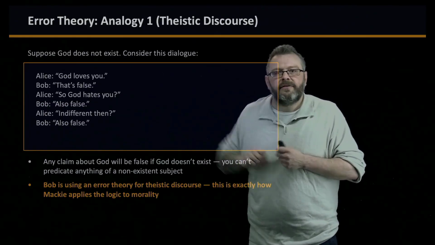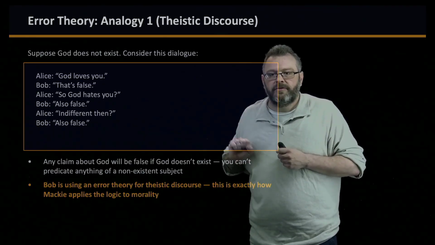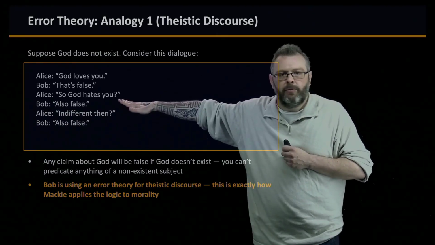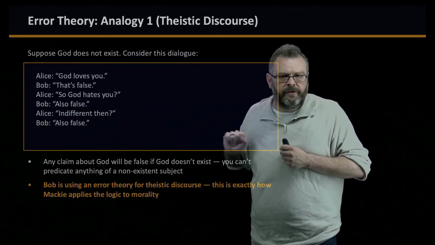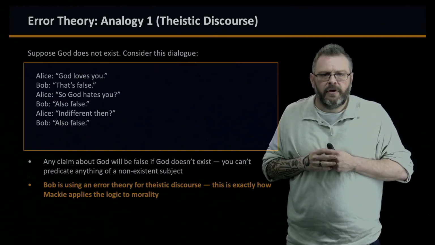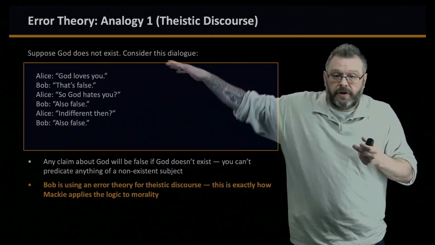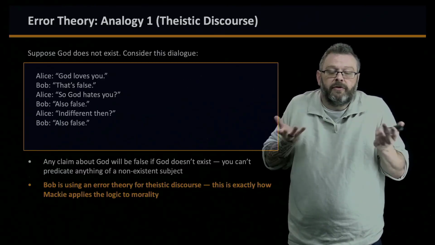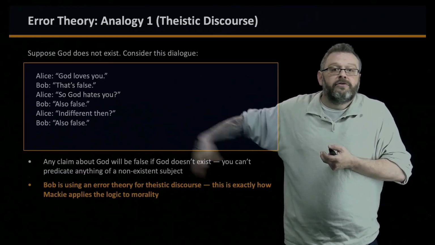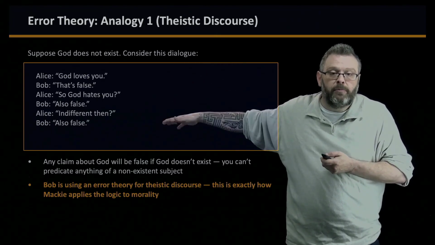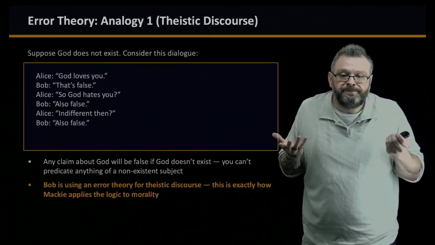So Alice says, God loves you. And Bob says, nope, that's false. Alice says, okay, so God hates you? Nope, also false. Okay, so God is indifferent then? Nope, false. How can all of those be false? Because, again, under our assumption, there is no God to be loving or hating or being indifferent about. So the domain of discourse and error theory would be applicable if there were no God.